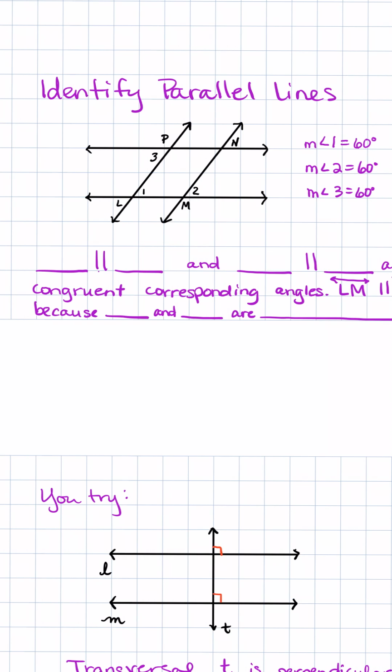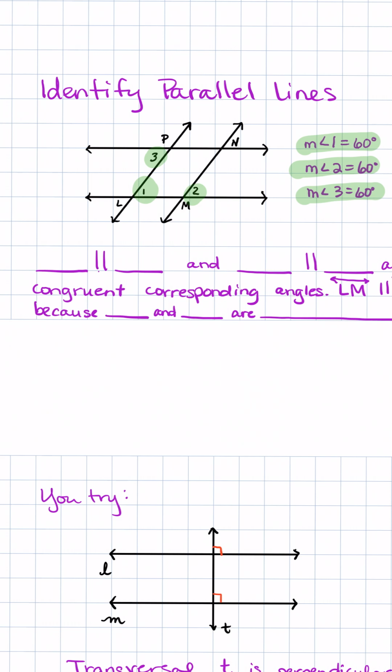Okay, so identifying parallel lines. In the diagram up top here, the measurement of angle 1 is 60 degrees. The measurement of 2 is 60 degrees. The measurement of 3 is 60 degrees.